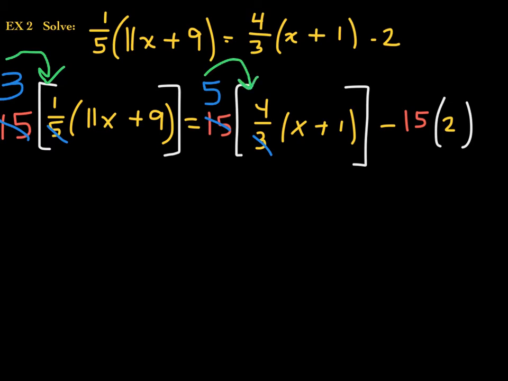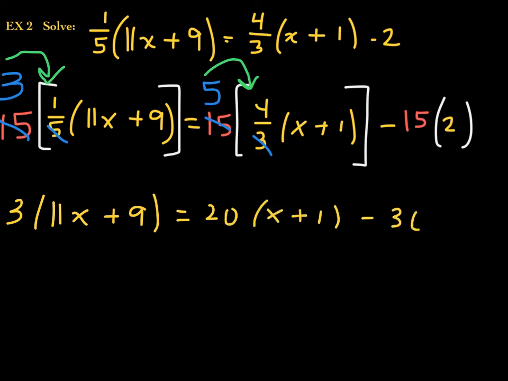Okay? So really, my equation turns out to be 3 times 11x plus 9 is equal to 20 times x plus 1 minus 30. 15 times 2. So look how much nicer my equation looks without the fractions. Hey, by the way, did you notice that I kept the terms inside the parentheses the same?